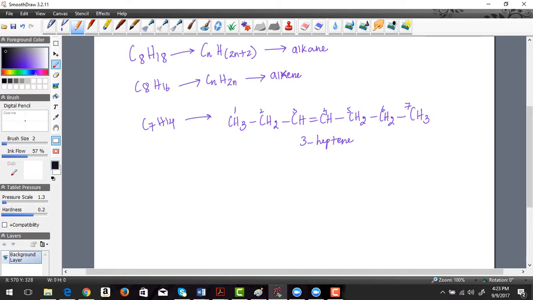On the carbons containing the double bond, each carbon is attached to a hydrogen, and it's also attached to another group. I'm going to use different colors so you can see. This one is an ethyl, and this one is a propyl.